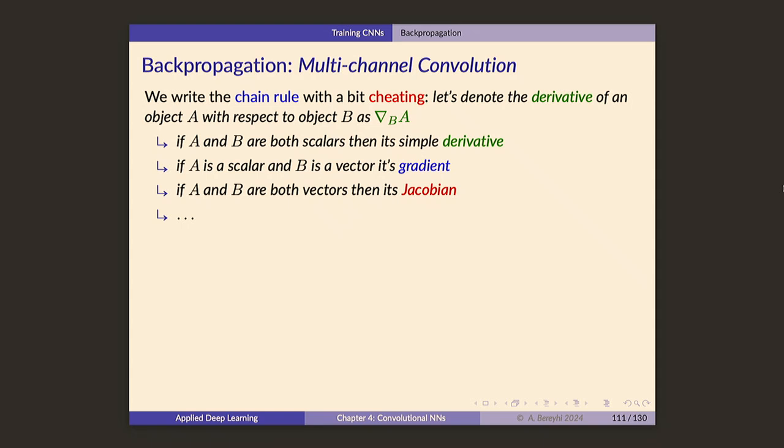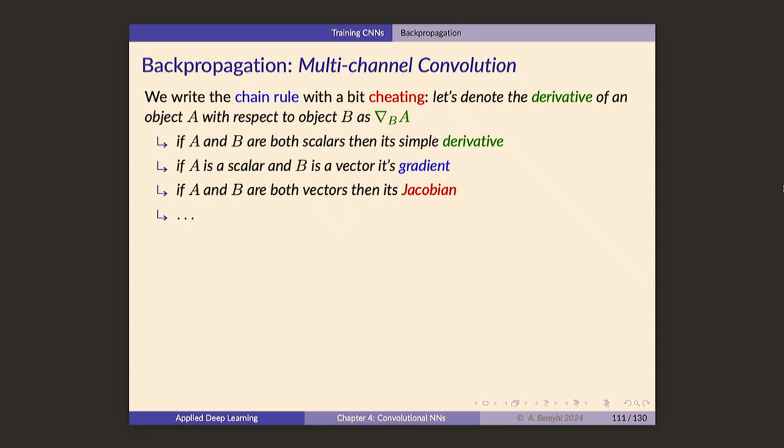Now, if A is a scalar, B is a vector, then what is that gradient? That is the real gradient that you know, right? So it's the partial derivative of the function with respect to all parameters. But A and B could be, for example, both of them vectors, right? And this is going to be the Jacobian, and you can extend it to larger cases, right? A and B, both of them tensor, right?